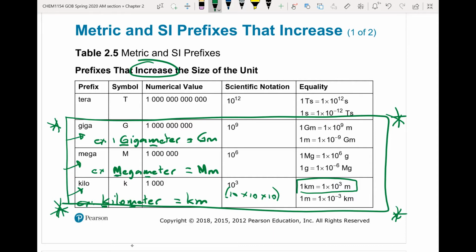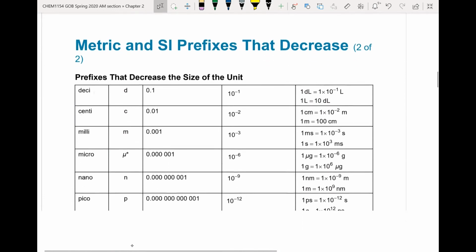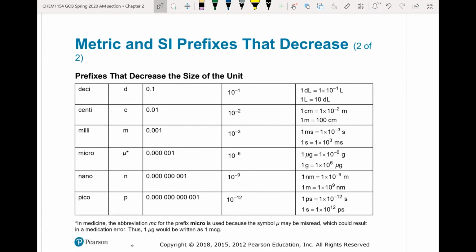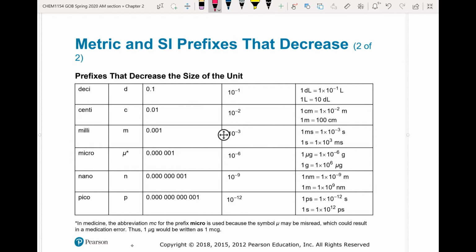How does it change the size of the base unit? On the other end of the scale, we have the prefixes that decrease the size of the base unit. There tend to be several more of these, and we're going to encounter these a lot when we talk about the sizes of things that make up the stuff around us.